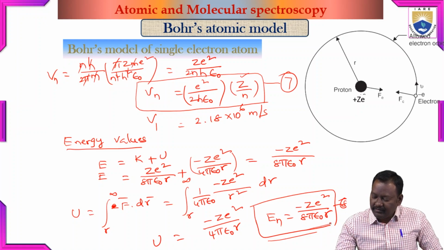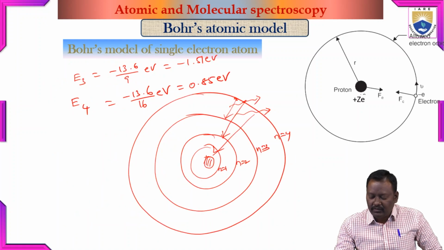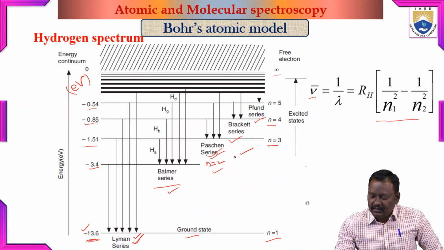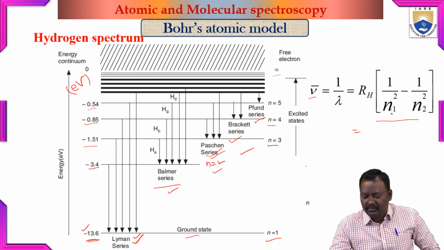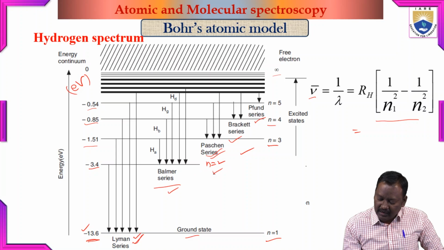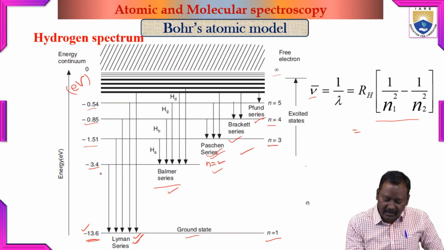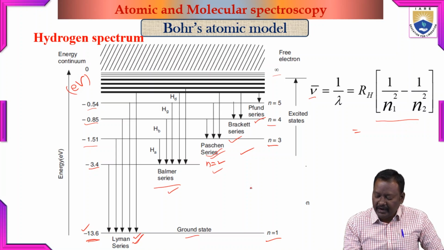So if you try to find the energy difference, that means when the electron is jumping from one orbit to another orbit, let us say 2 to 1 or 3 to 1, we can find it. For 1 to 2, n1 equal to 1, n2 equal to 2, this particular line, these values can be obtained.